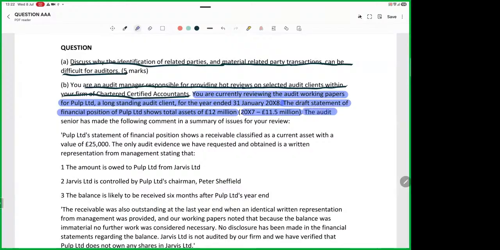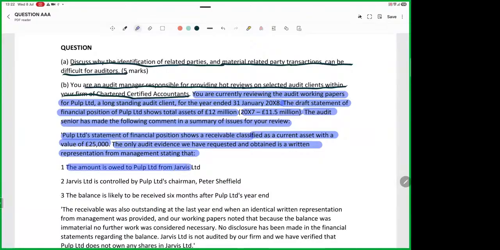The audit senior has made the following comment in a summary of issues for your review. The Pulp Limited statement of financial position shows a receivable classified as a current asset with a value of 25,000. The only audit evidence we have requested and obtained is a written representation from management stating that the amount is owed to Pulp Limited from Jarvis Limited. Jarvis Limited is controlled by Pulp Limited's chairman, Peter Sheffield.